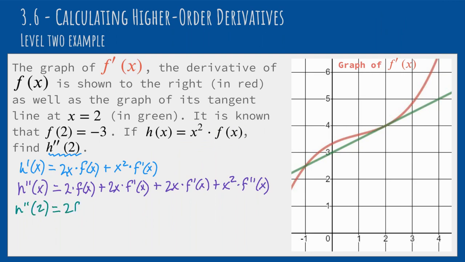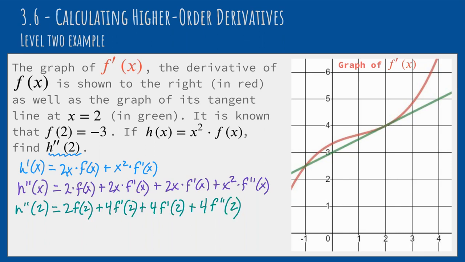So we're going to have 2f of 2 plus 4f prime of 2 plus 4f prime of 2. I could probably combine those two terms to get 8f prime of 2 plus 4f double prime of 2.